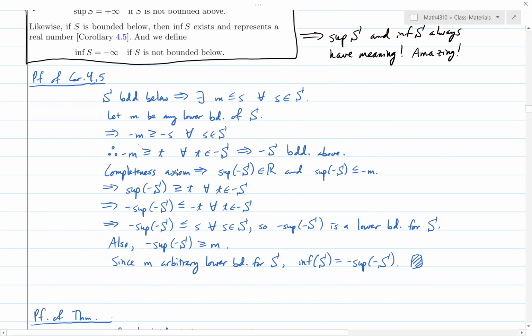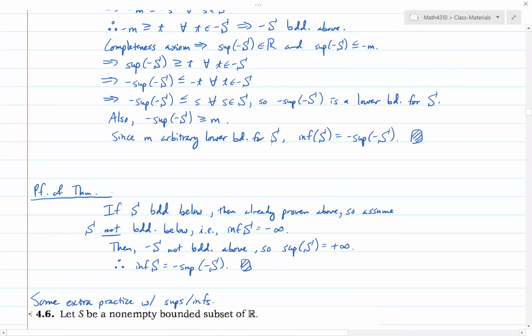And so the completeness axiom can be applied to it to say there's some supremum, and then you just play with negatives again, and you multiply an inequality by -1 to switch the direction, and you get the infimum is equal to the negative supremum of the negative set. And then we said we can also do this when the symbols happen to be infinite.